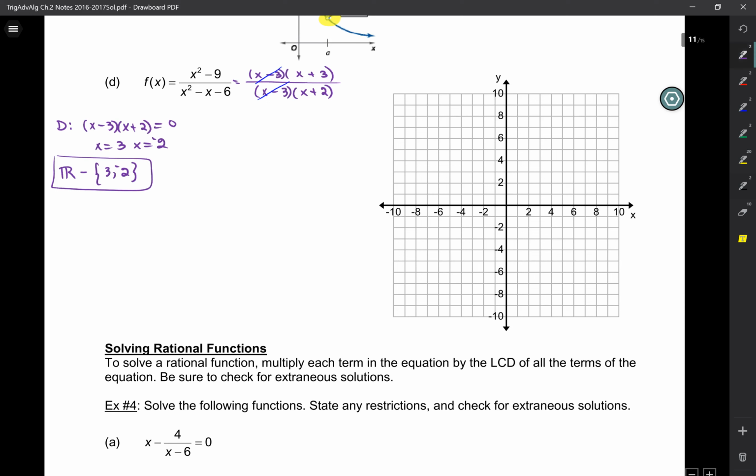You got rid of it, it's like a band-aid. You go, oh my God, I got rid of the x equals 3. It's no longer a problem. So that means the x equals negative 2 never went away, so there is still a vertical asymptote at x equals negative 2, but at x equals 3, there's a hole.